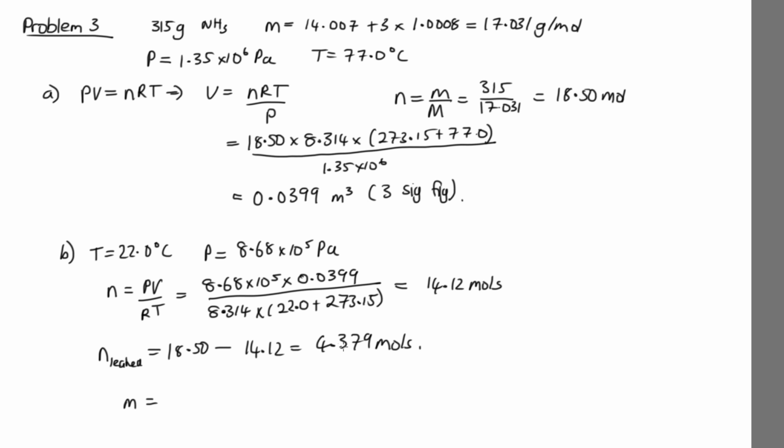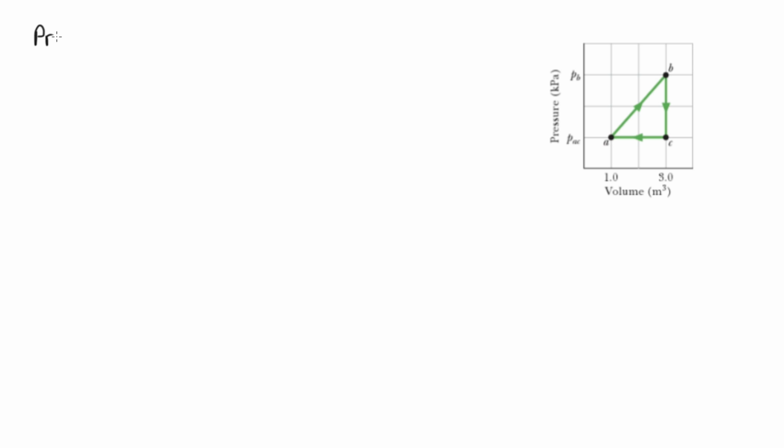So to get this from moles to grams, we just multiply it by the molar mass, which we calculated up here, 17.031 grams. And so this is equal to 74.6 grams. So that's how we solve that problem. Okay, so this is problem 4.